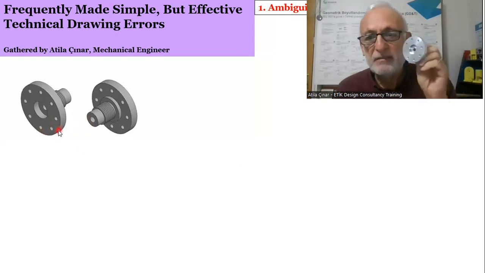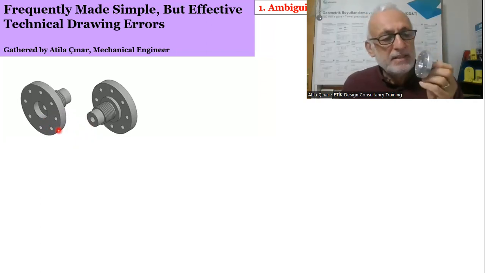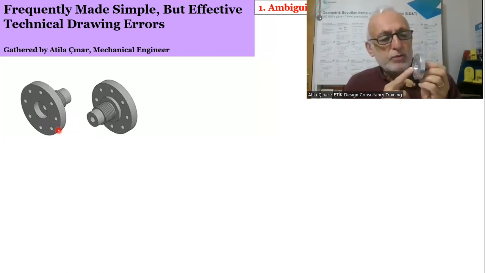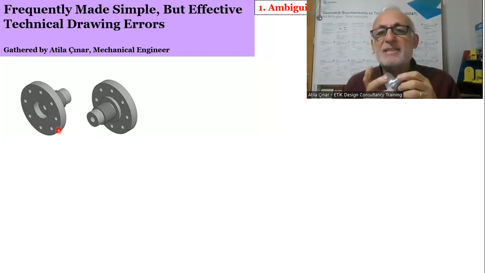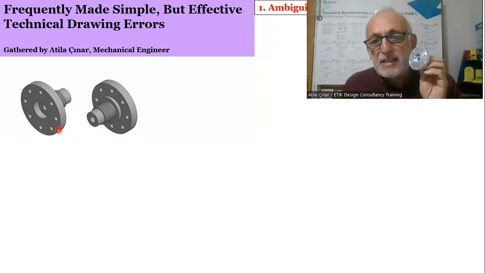As you see, the physical one is this. As with usual machine parts, it has many features on it: holes, surfaces, threads, many cylinders. Some of these features may be important. They may have very narrow tolerances or wide tolerances.